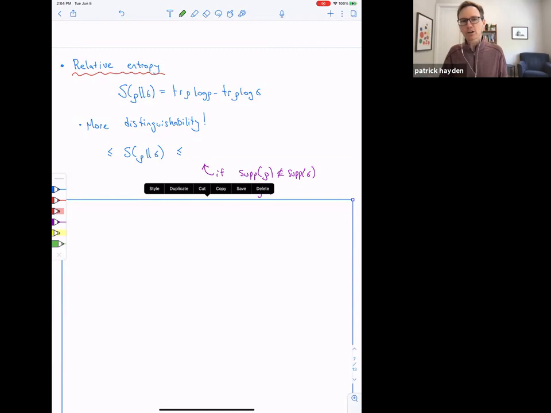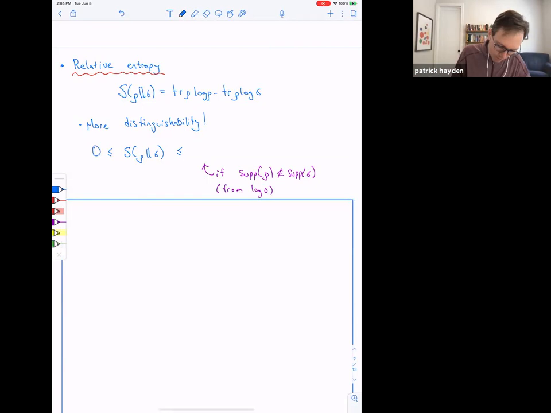But our earlier measures don't really do a good job of capturing this. The relative entropy is going to be a measure of distinguishability that can get bigger and bigger and bigger as the system gets bigger. And it's still going to be true that it will be 0 if and only if rho equals sigma.